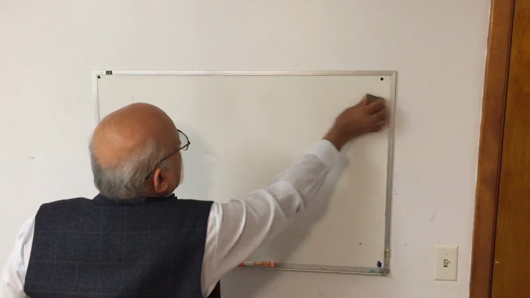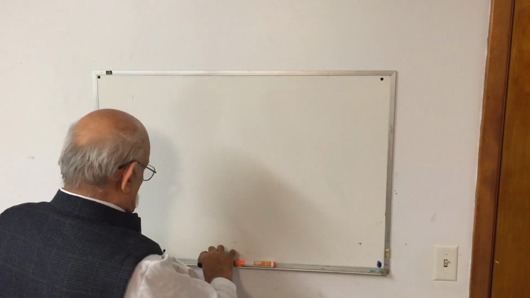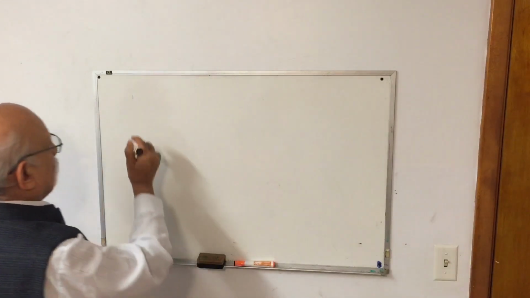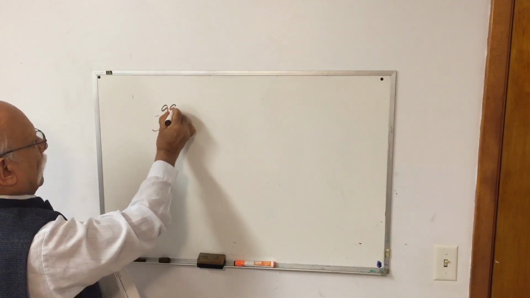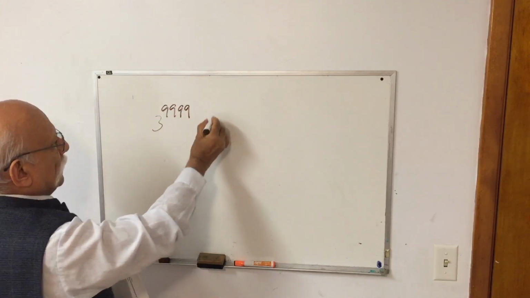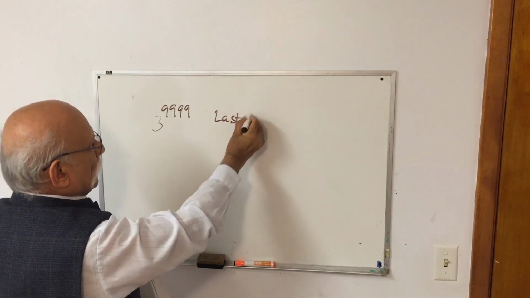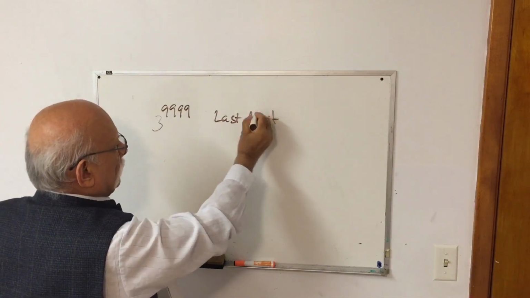How would you find the last digit of 2 to the 62, 3 to the 99999? Last digit. Obviously it is not easy.